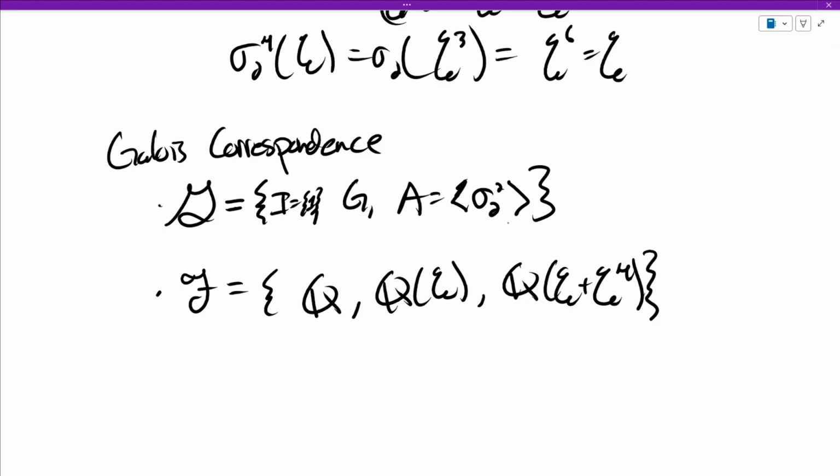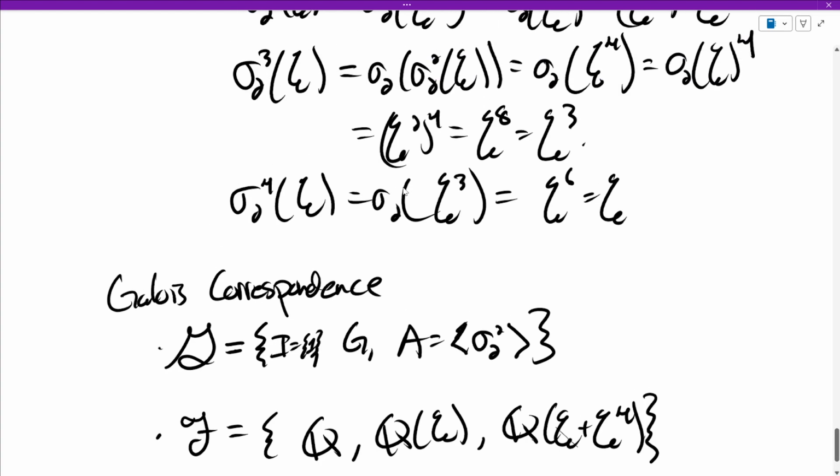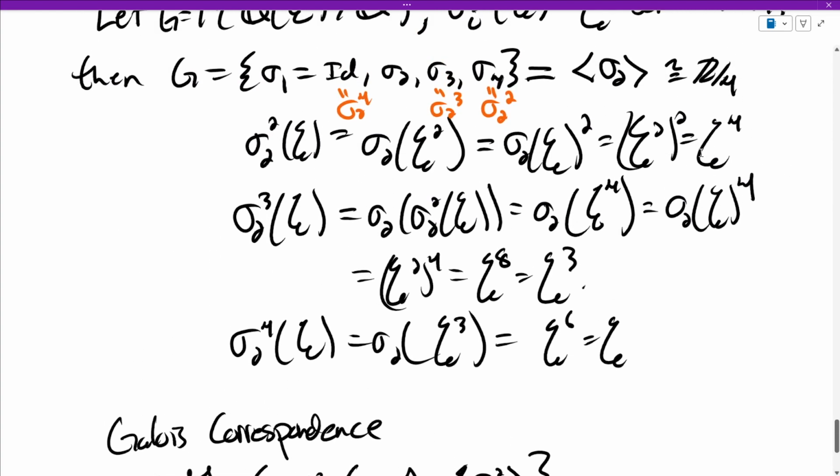But there was this last guy. If we apply sigma 2 squared to zeta plus zeta to the fourth, let's just see that it fixes that element. Sigma 2 squared, I think we computed this, sent zeta to the fourth.